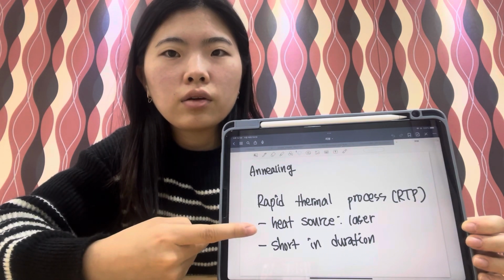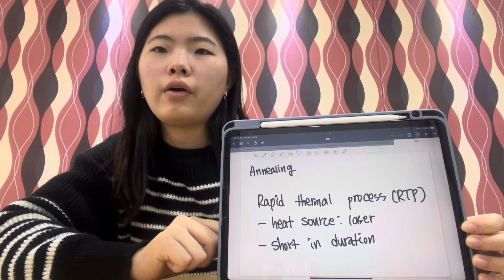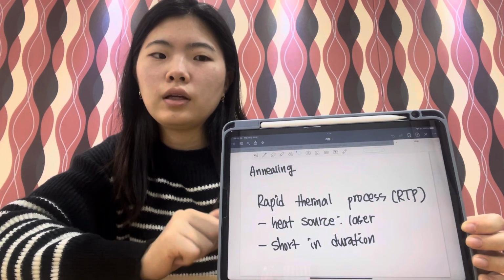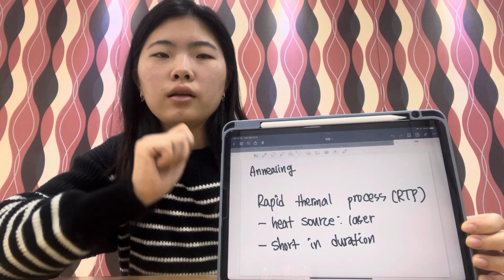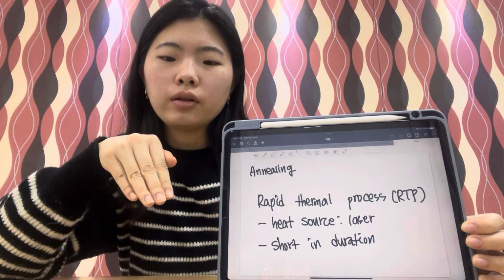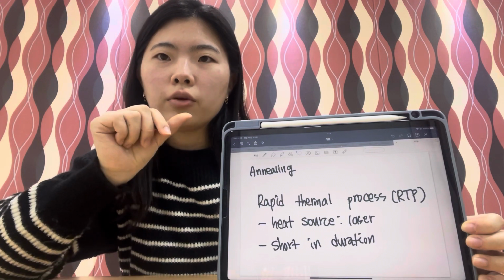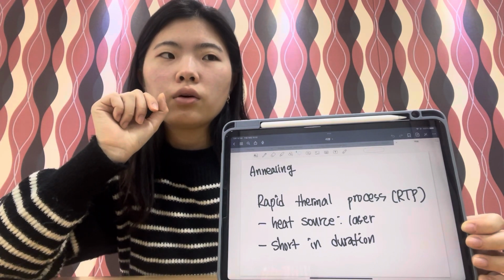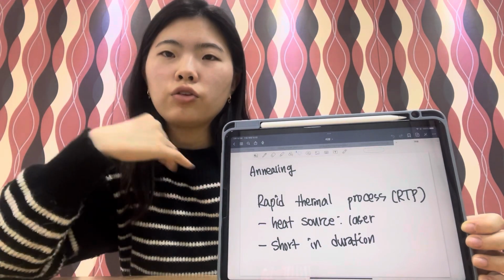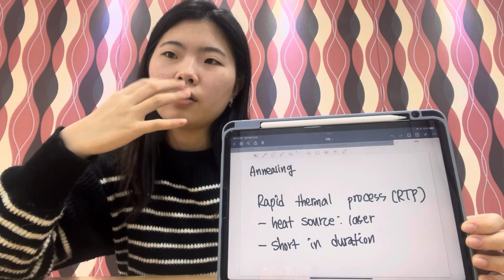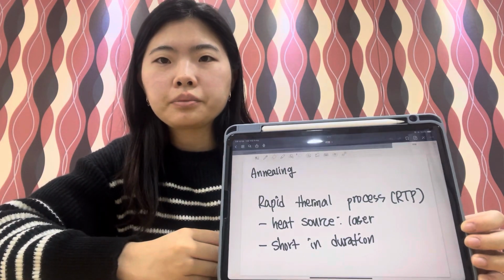The heat source is a laser. A laser is a very good heat source, because it can put some heat in a very short time. So the thermal budget is very small. When we do a precise process, we can use the laser.